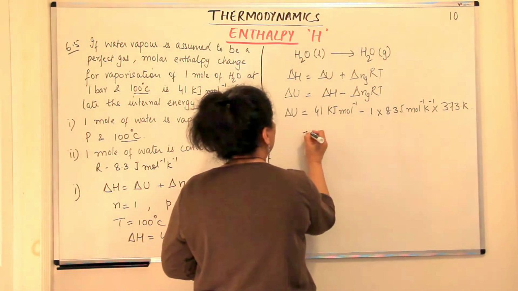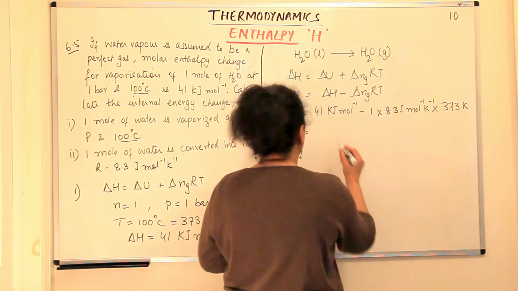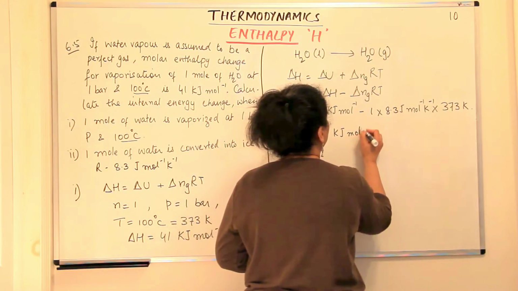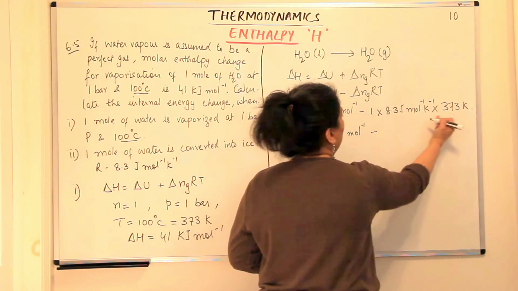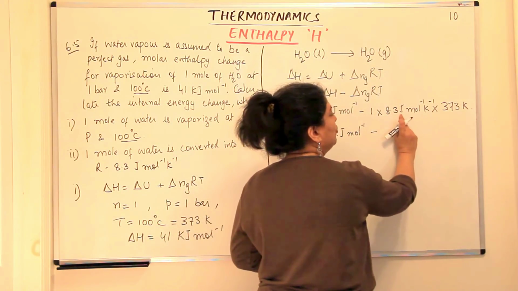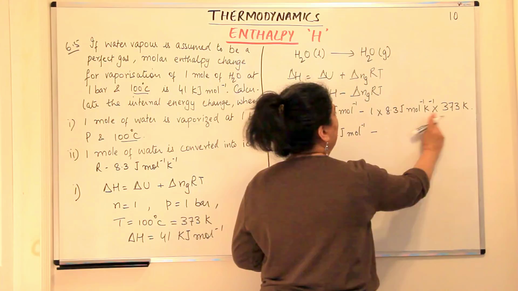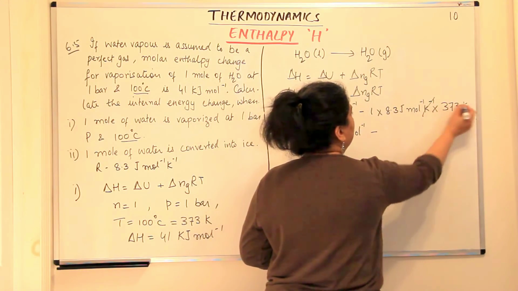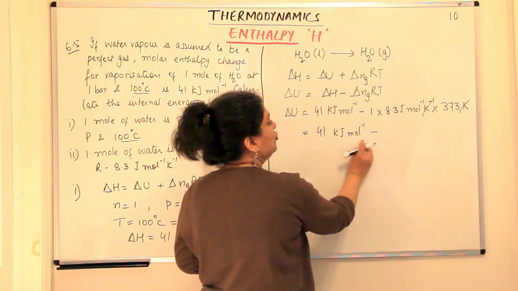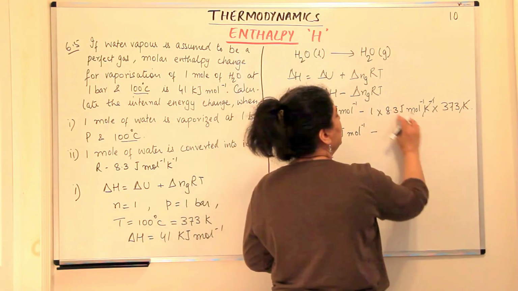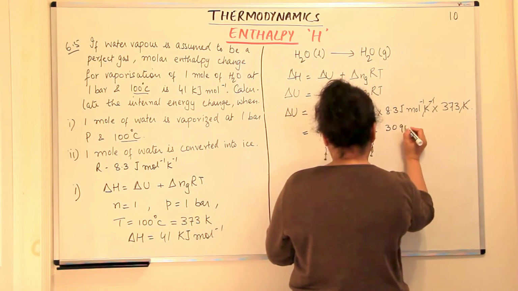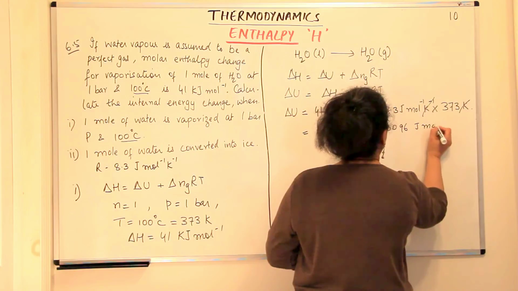So now when you find the sum of this, this would be equal to 41 kilojoules per mole minus, now you have kilojoules here, and what you'll be calculating here, we have joules per mole and Kelvin inverse and Kelvin, they get cancelled. So whatever quantity you get here should also be in kilojoules per mole. So the quantity that we get here would be 3096 joules per mole, right?